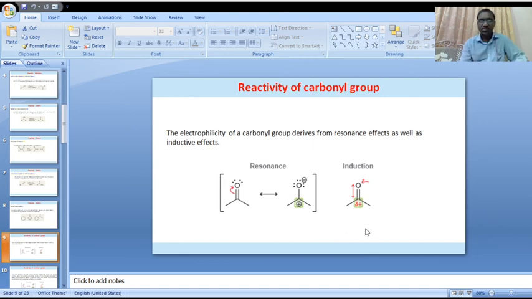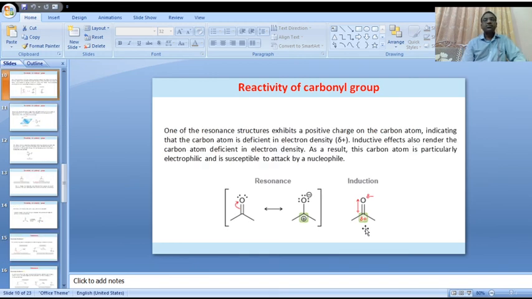Okay, this is about the reactivity of the carbonyl functional group.